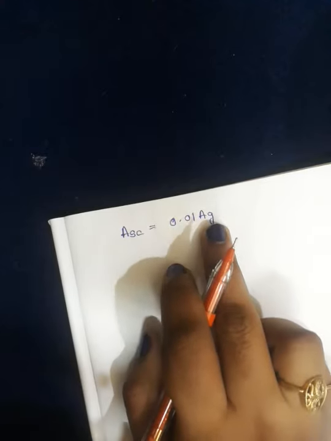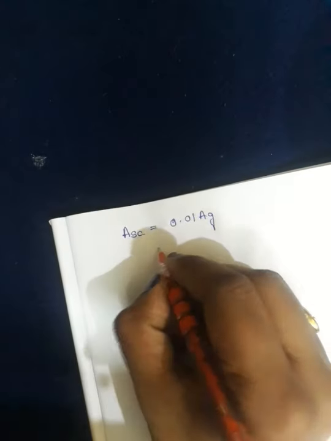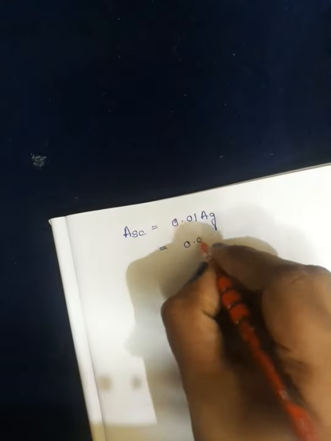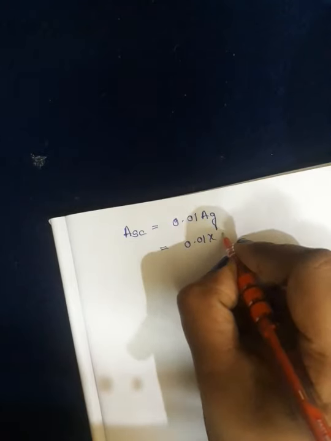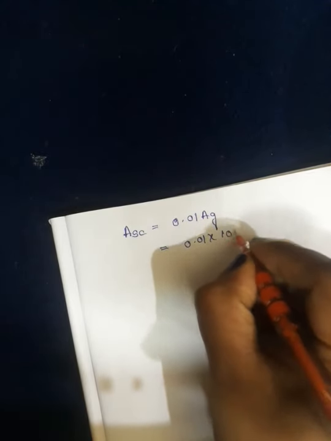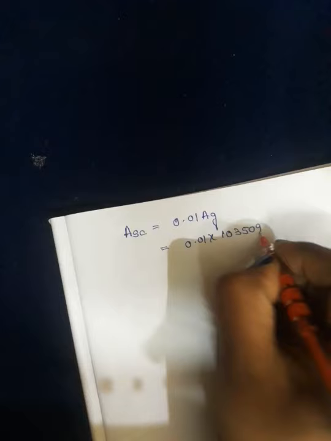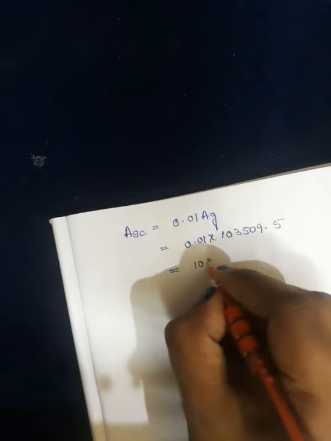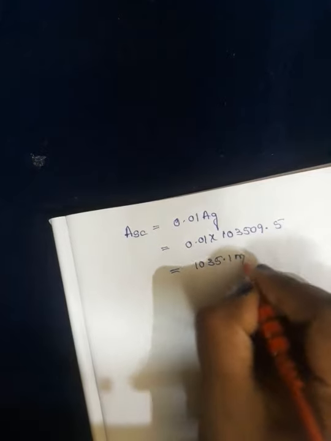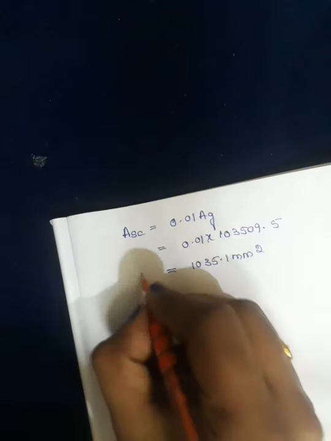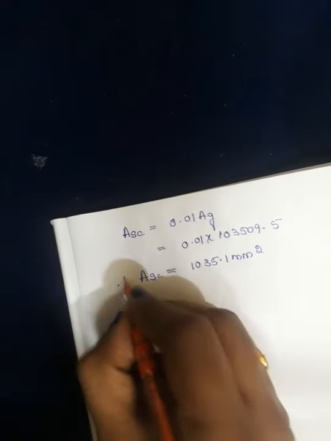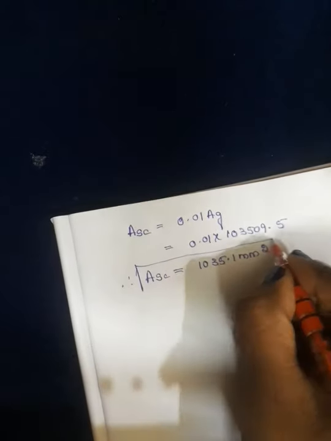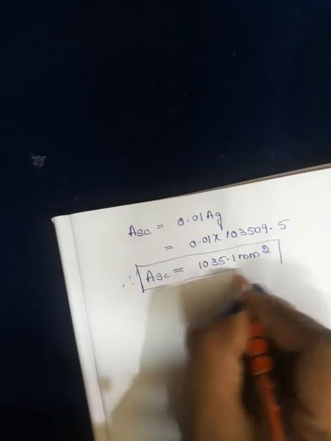So substituting the AG value we have just calculated, 0.01 into 103509.5, which is equal to 1035.1 mm square. Therefore Asc equals 1035.1 mm square.